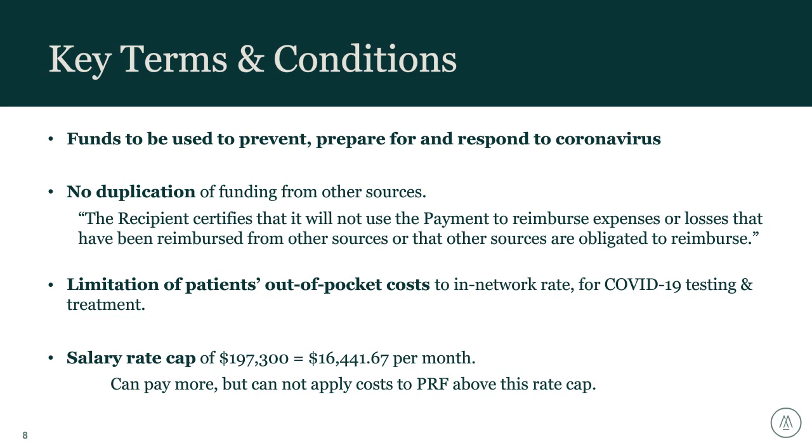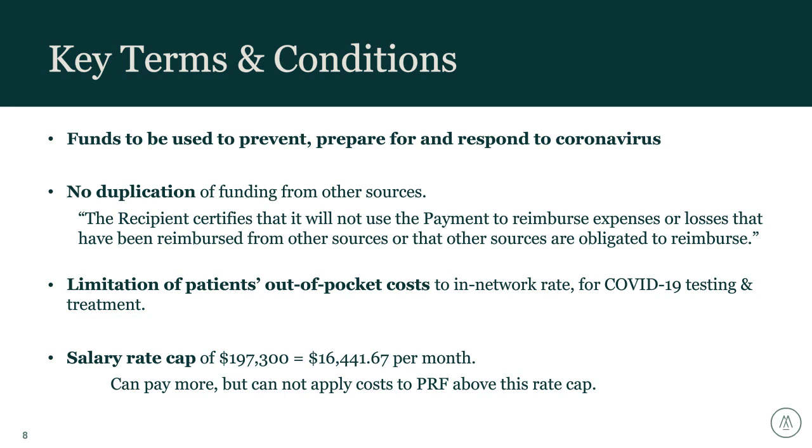Additionally, one of the important terms and conditions to keep in mind is that there is a salary rate cap, executive level 2 they call it, and that is $197,300, which comes out to $16,441.67 per month.